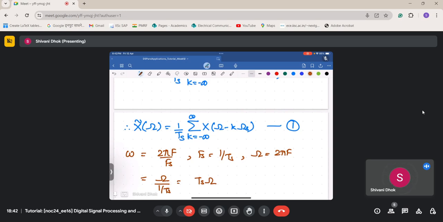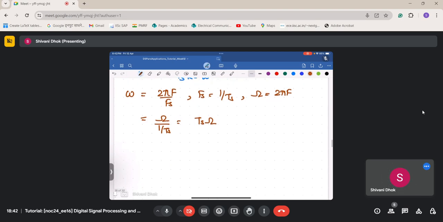Another way of writing this is I can multiply this by 2 pi, so that will give me 2 pi omega by omega s.